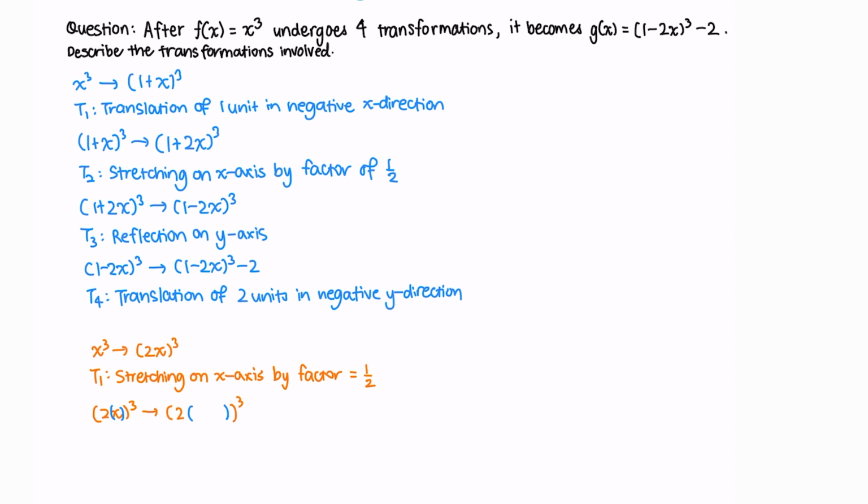So remember, if we want to do a translation of some unit in the negative x direction, I'll do x plus something. And in this case, we can't do a translation of 1 unit in the negative x direction. We'll actually be doing a translation of half a unit. If we expand this, we get (2x + 1) cubed, which is what we needed earlier on.